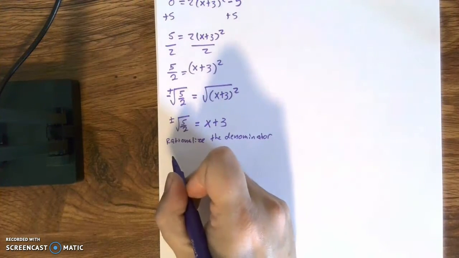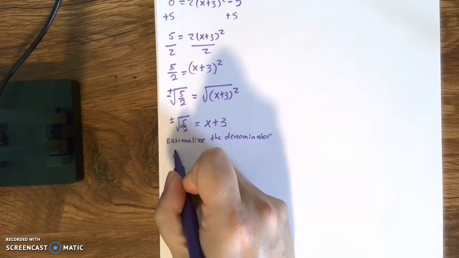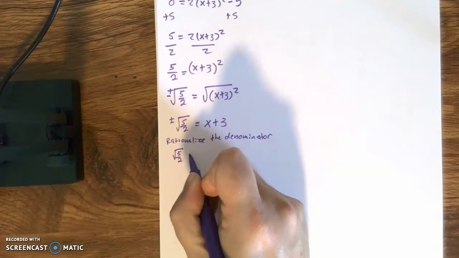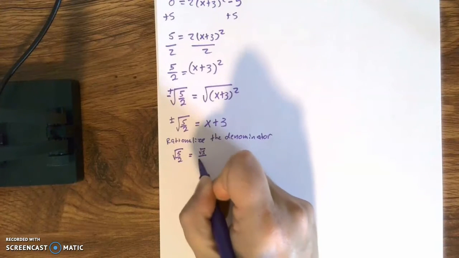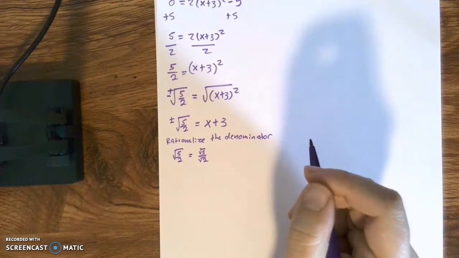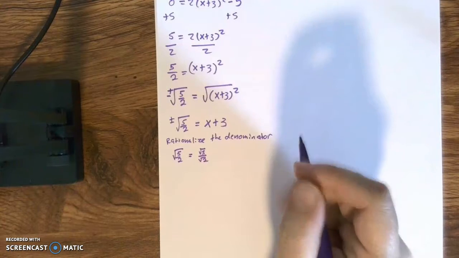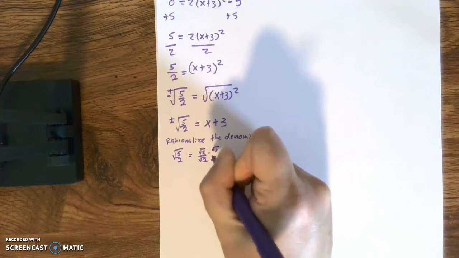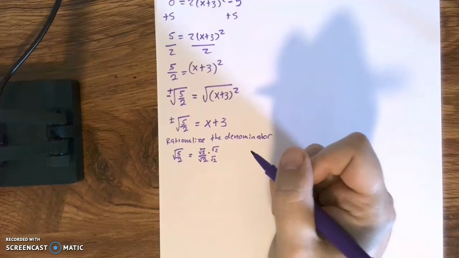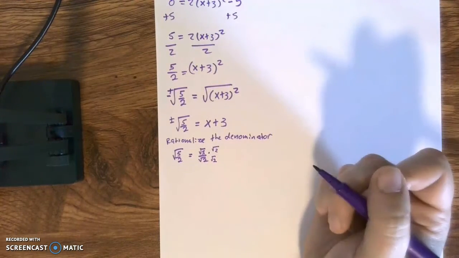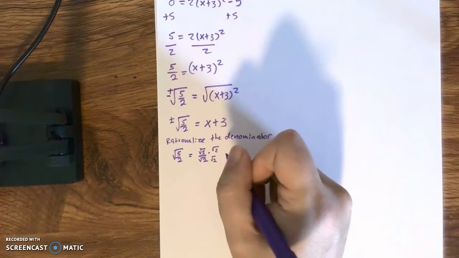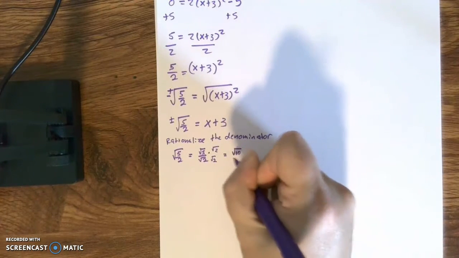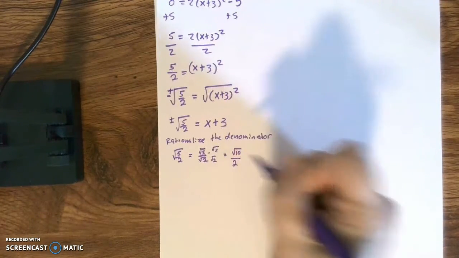So I take that square root of 5 halves, and I say that's equal to square root of 5 over square root of 2. I can multiply square root of 2 on the top and on the bottom without changing the value, because square root of 2 over square root of 2 is just a 1. So I multiply those together and I get square root of 10 over 2.